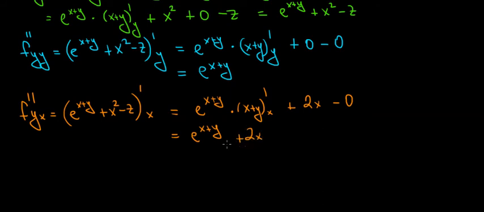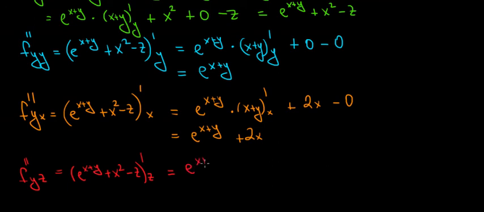And the last one is the derivative of y and then with respect to z, so y and one more time with z. That's the first derivative with respect to y, which is again e to the power x plus y plus x squared minus z, derivative with respect to z. So we're treating z as the variable of interest, x and y are constants.